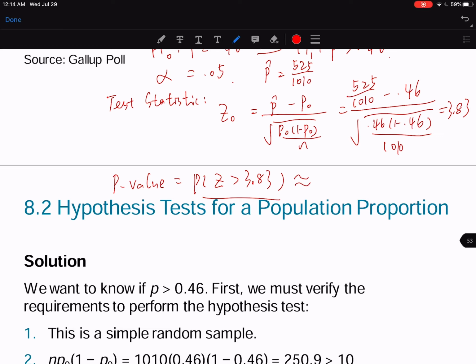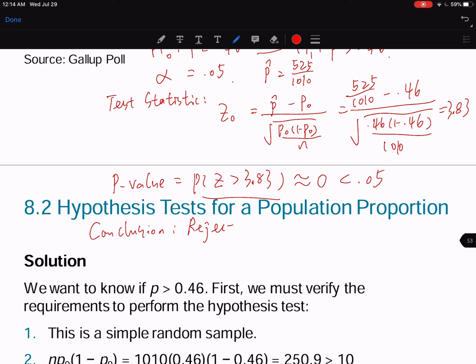P-value is less than the alpha, then the conclusion: reject H sub 0.